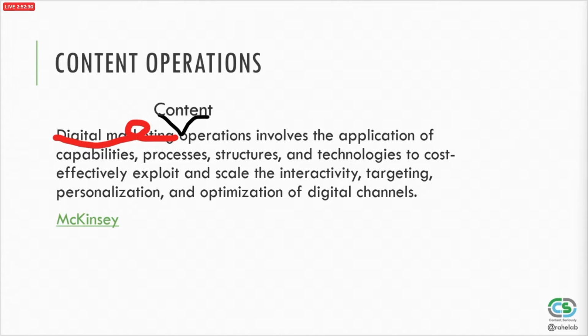Content operations involves the application of capabilities, so that's your skill sets, processes, how we do things, structures, all the infrastructure around, and technologies, to cost-effectively exploit and scale interactivity, targeting, personalization, and optimization of digital channels. That says it all.